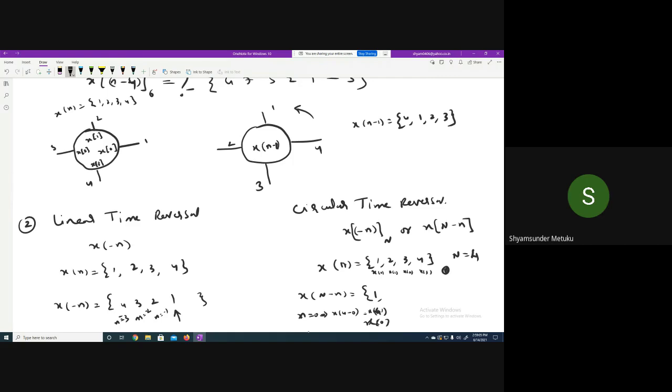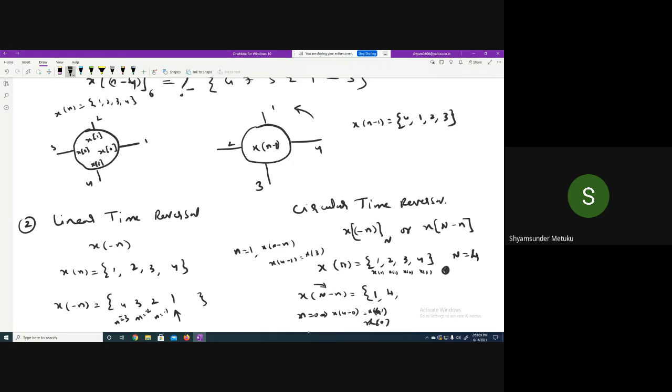Now you tell me for n equal to 1, what is going to be the second sample? You substitute in this. When n is equal to 1, x of capital N minus n becomes x of 4 minus 1, which is equal to x of 3.